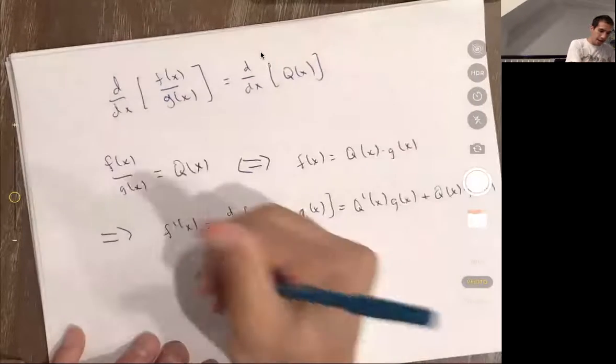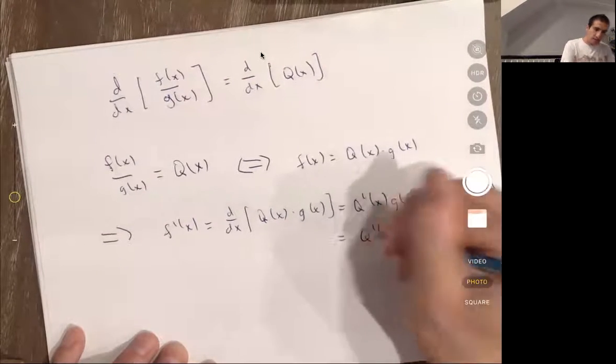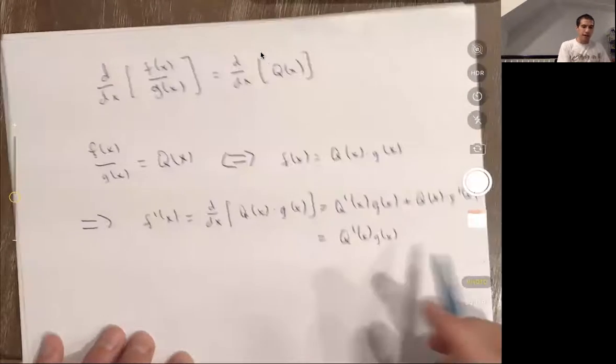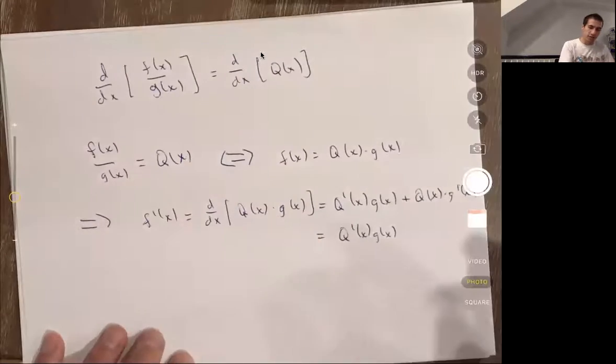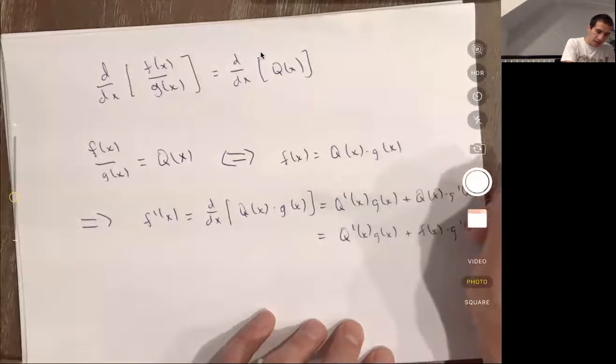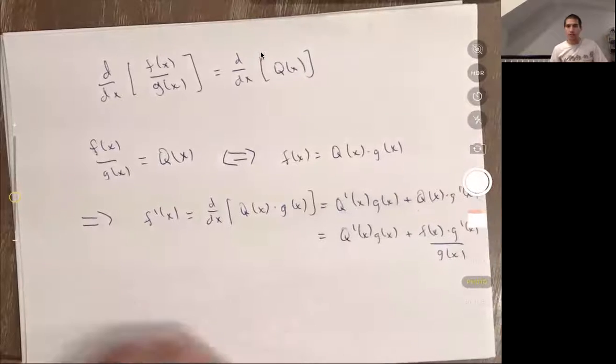And I'm going to rewrite this as q prime of x, because that's what we want, times g of x. And now I'm going to rewrite q of x as f over g. So this is plus f of x over g of x, times g prime of x.